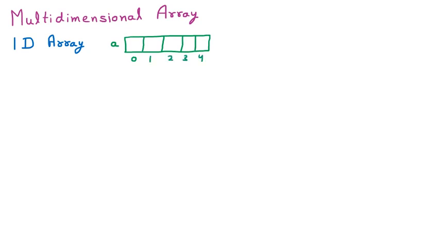That means there are 5 elements which can come here. Let us suppose these 5 elements are 7, 1, 3, 6, 5. So this is the 1D array. The best example of a 1D array is the linear array, where we have the simple elements in a specific line.